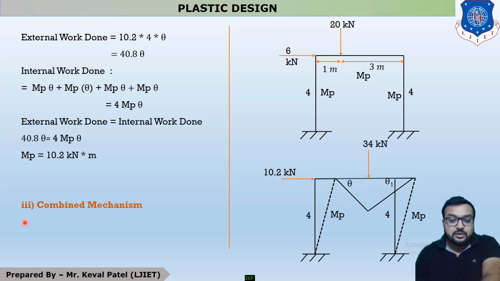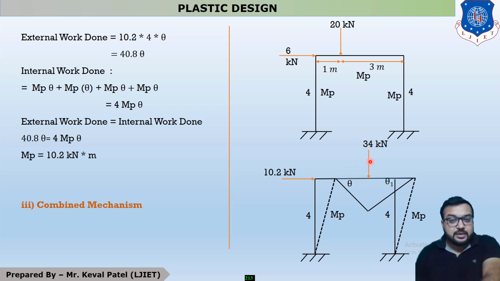Now your third mechanism is combined mechanism, and in combined mechanism we have to consider both the horizontal and vertical loads. So you can see that this figure is given in the question. So it is unfactored load. So we have to convert unfactored load to factored load by multiplying by 1.7. Okay.